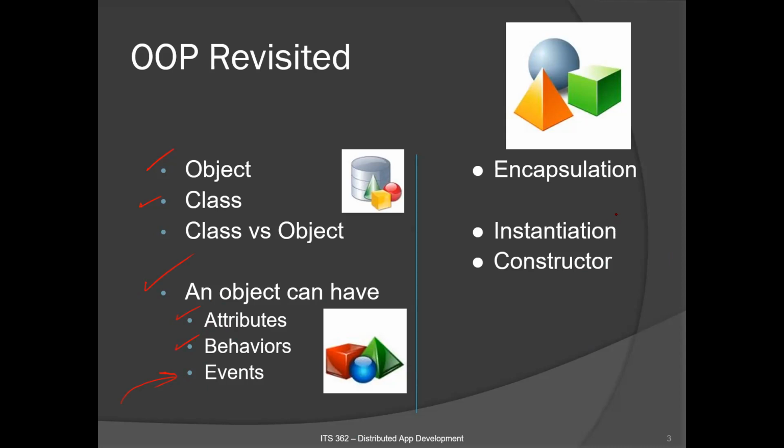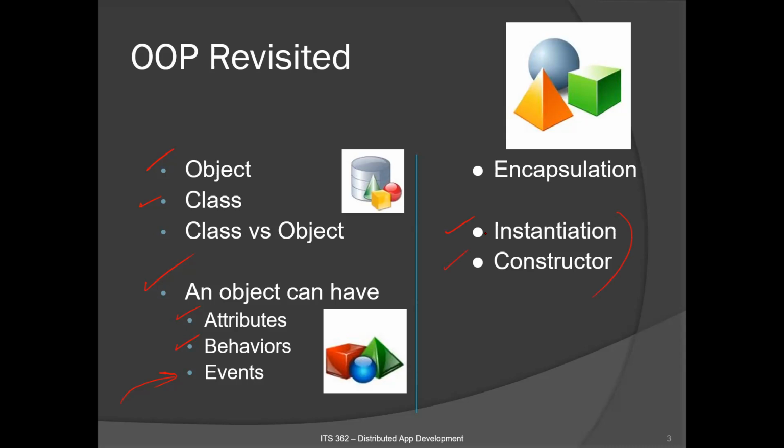Also, directly from OOP, we have instantiation: you have a class, but the class is just a definition. To actually use it, you have to create an object, or an instance, of the class. That's called instantiation.